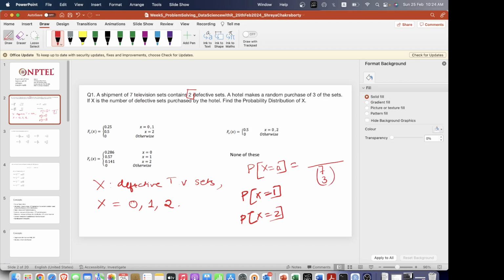And x equal to 0 means we are choosing 0 defective sets, so we are choosing all the 3 from the non-defective sets. So just calculate this and see what you get: 5C3 by 7C3. You can use R.